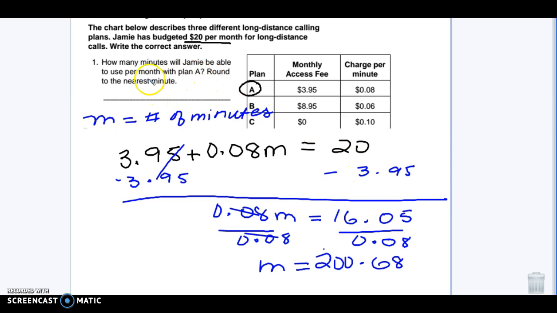Now remember the question says to round to the nearest minute, so we want to keep it at 200 minutes. Because if she uses it for 201 minutes, she's going to go over her budget and she might get charged extra fees. So this is how you will do the rest of the problems from that practice sheet.